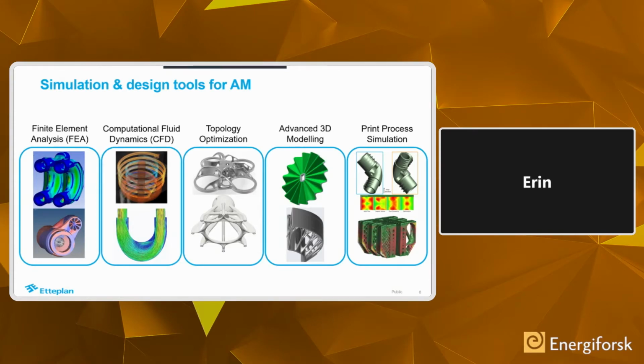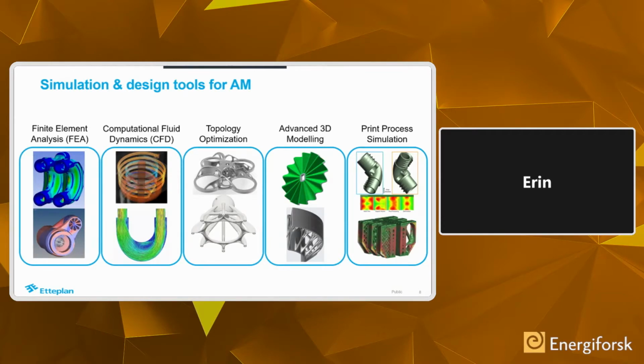We're also using topology optimization and generative design early in the design process to optimize the use of material for known or assumed loadings. Then we're using advanced 3D modeling to try to take advantage of the geometric freedoms offered by AM. For example, this might include using lattice structures or some type of bionic design to add new functionality or reduce weight, or to create and modify the organic structures resulting from a topology optimization.